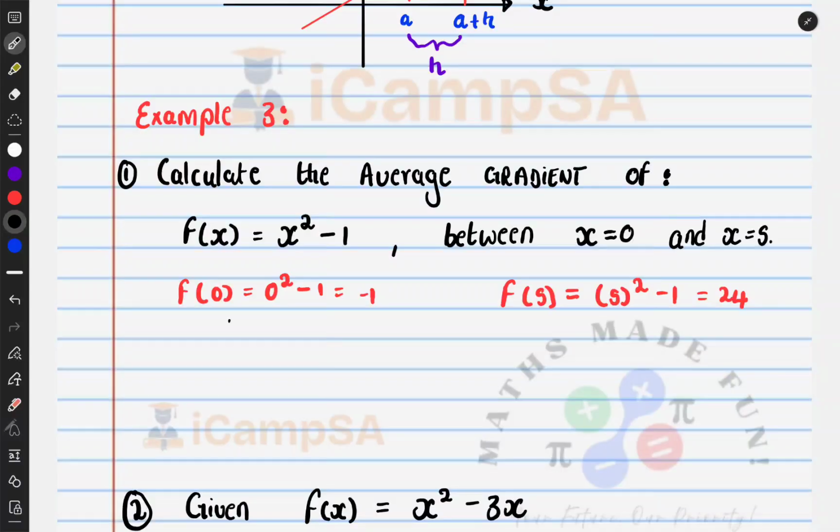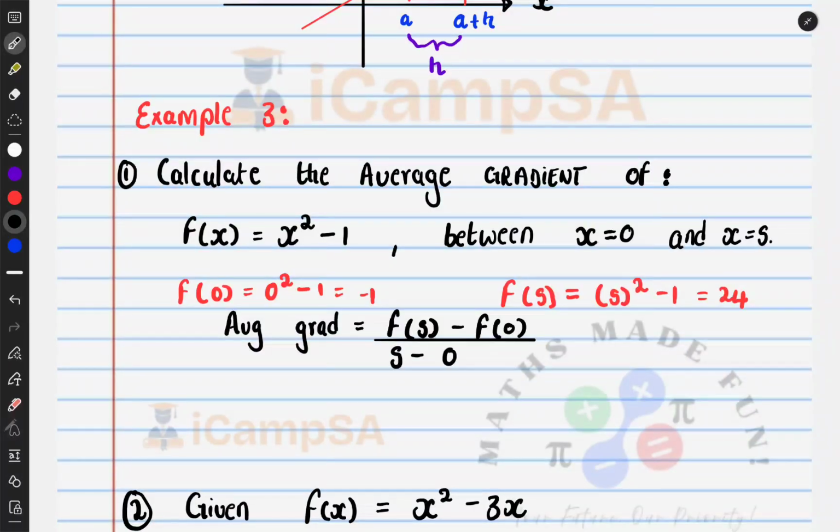And then for average gradient, remember, we have f at 5 minus f at 0, over 5 minus 0.